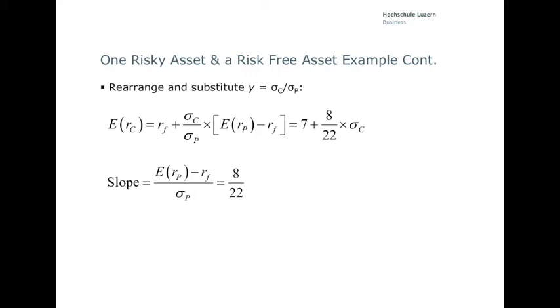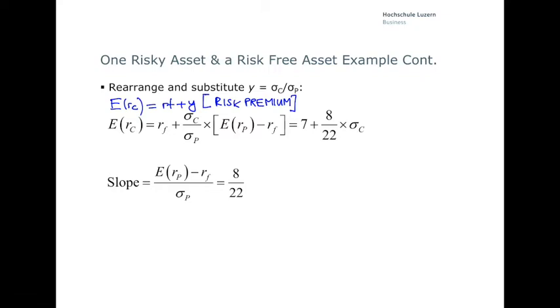To determine the function of the capital allocation line based on the complete portfolio return on the y-axis and the complete portfolio standard deviation on the x-axis, we need to know its intercept and the slope of the capital allocation line.